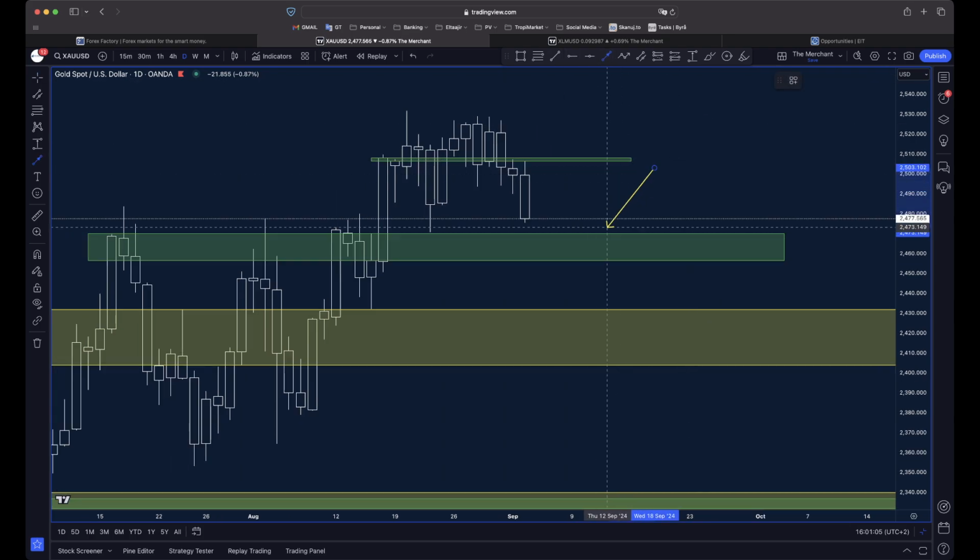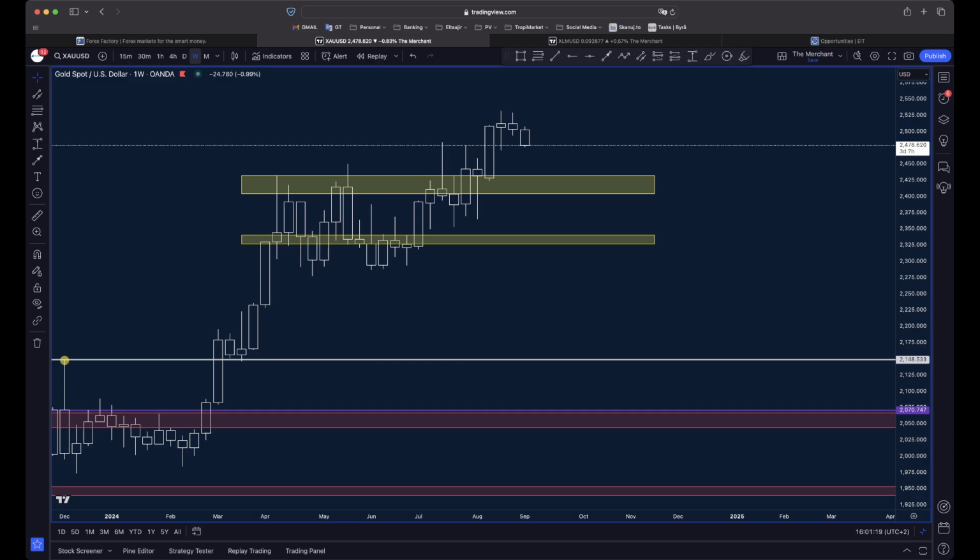Price might be coming to retest this one before moving to the upside. We might see price coming to the downside until the non-farm payroll, and then boom, price starts to move to the upside.